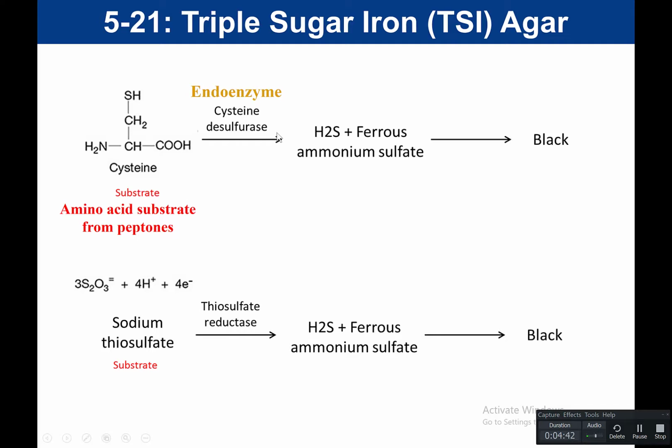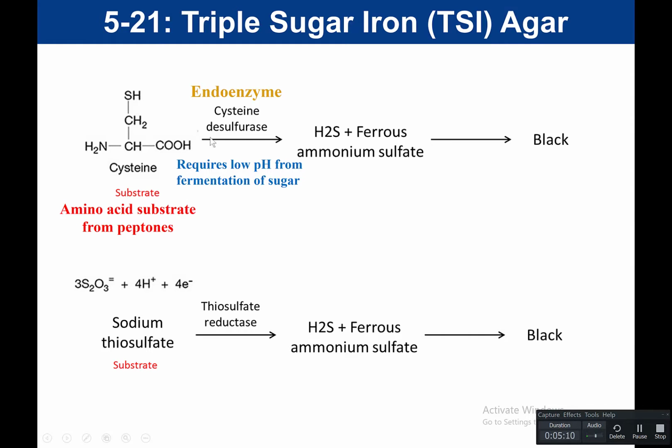The sulfur can be reduced by an enzyme called cysteine desulfurase. Cysteine desulfurase is an endoenzyme, because notice this amino acid substrate is small. So the enzyme is within the cell, and what it's going to do is produce hydrogen sulfide. That's going to be our product.